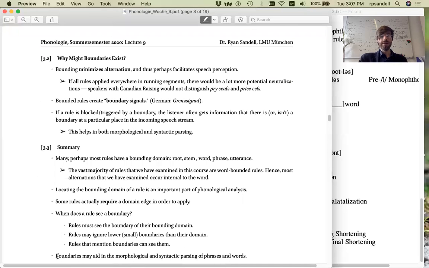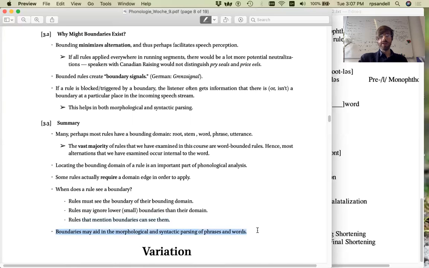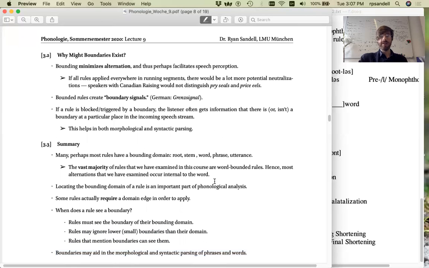So again, we can sum up and close by saying that probably the function of boundaries, both in blocking the application of rules or telling a rule when it can apply, helps speakers to say what the morphological and syntactic structure of their utterances are.